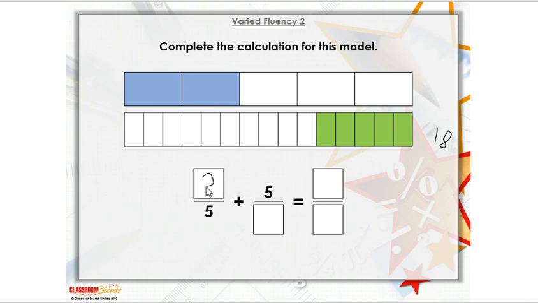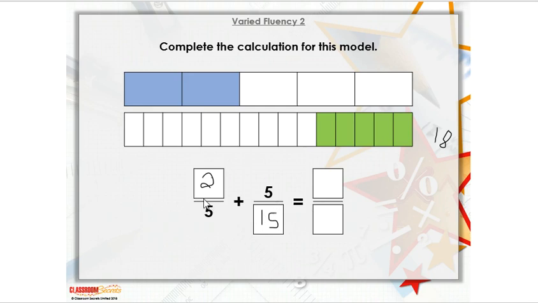So we can put our 2 in, and we can see 1, 2, 3, 4, 5. Our 5, our numerator is done. But what about our denominator? How many have we got here? 1, 2, 3, 4, 5, 6, 7, 8, 9, 10, 11, 12, 13, 14, 15. So using the bar model, we know we've got 5/15.